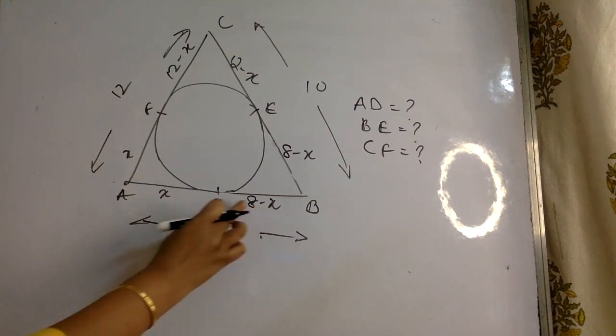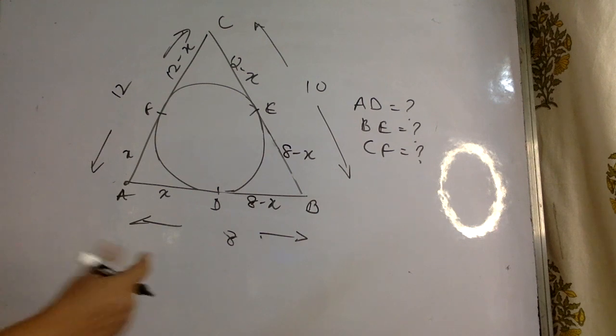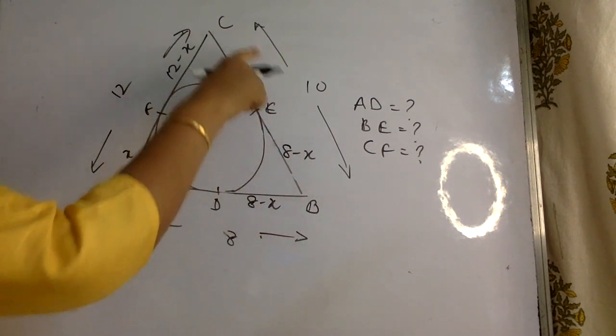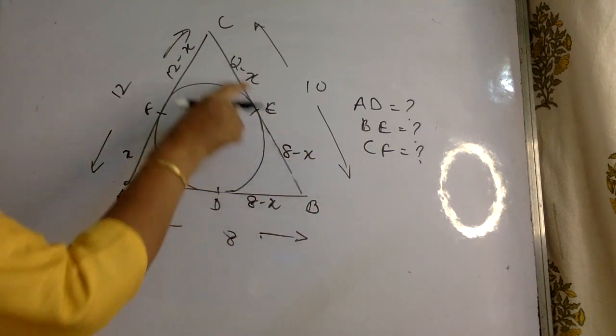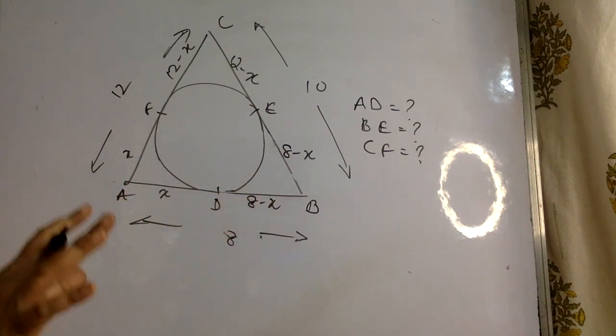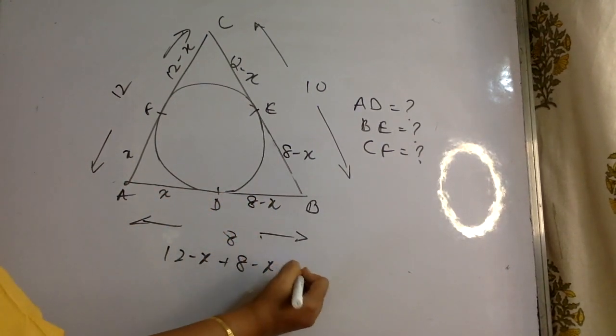Here also if I do 8 minus X plus X is 8, I will not get the value of X because X and X will cancel. So I have to make the equation with the side which does not have a single part that is just X. So 12 minus X plus 8 minus X is equal to 10.